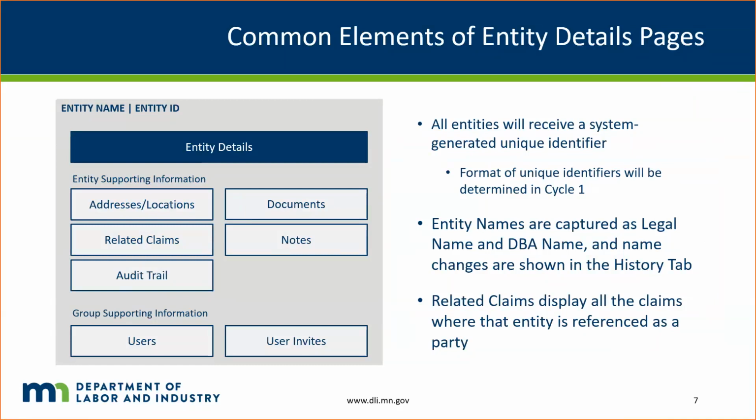The additional items here are documents and notes. Documents are stored against the entity and transaction relationships. And notes are an additional area where you can attach specific open text notes to keep track of specific information on an entity.